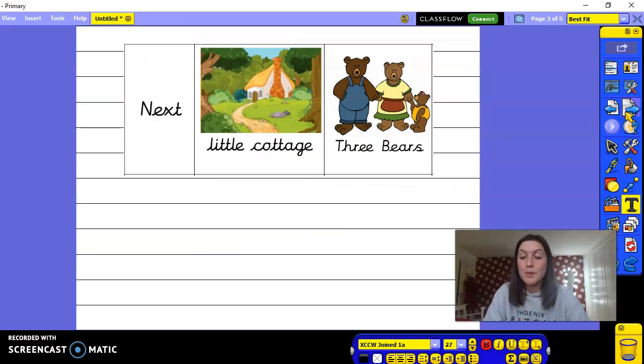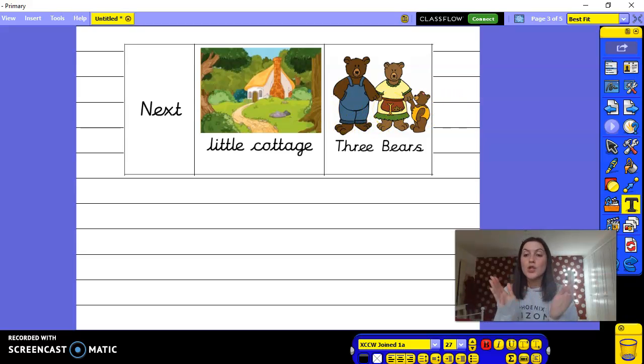Then I would move on to my next part of the plan, and yours will look different to mine, I'm sure, or it might be the same. And I will do exactly the same. Before I begin, I'm going to verbalise my sentence and then clap it out so I can hear where I need my finger spaces. Next, the Jolly Postman went to the little cottage to deliver a letter to the 3 bears.